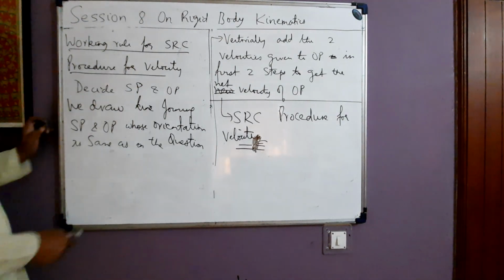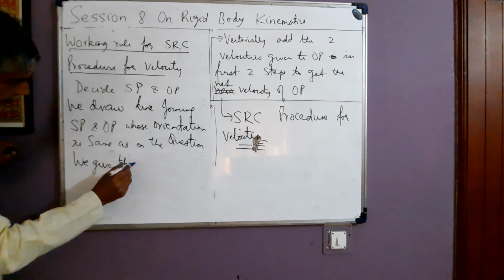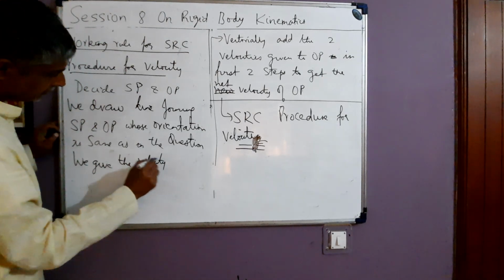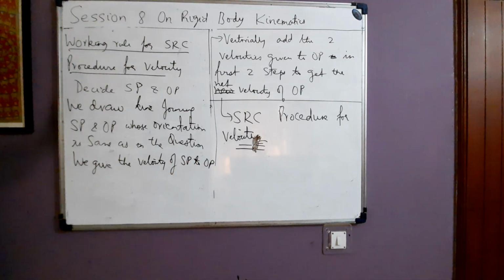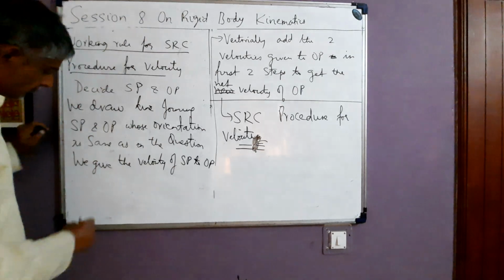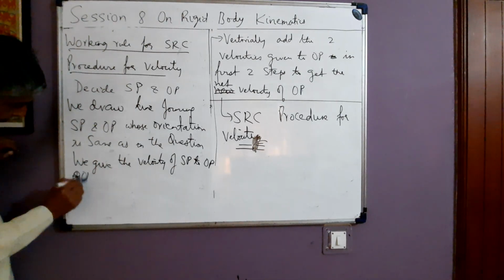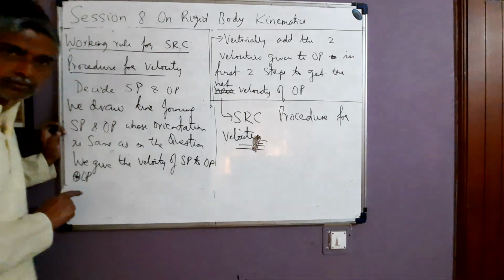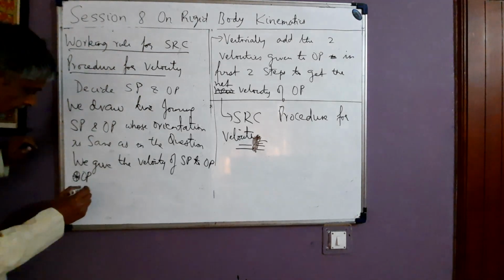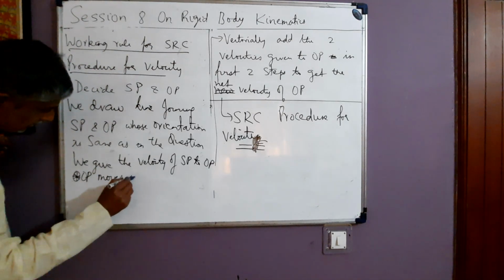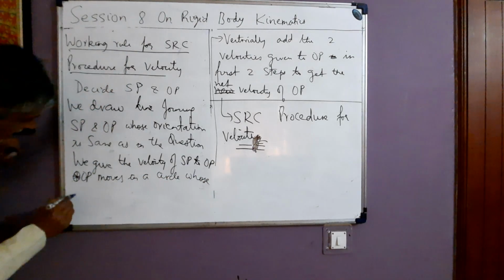Then what do we do? We give the velocity of SP to OP. Then we rewrite this rule sentence. If you remember it, you are not going to make any mistake. OP moves in a circle whose center is at SP. I am writing this sentence here just to emphasize its importance, because this is where many students make mistakes.